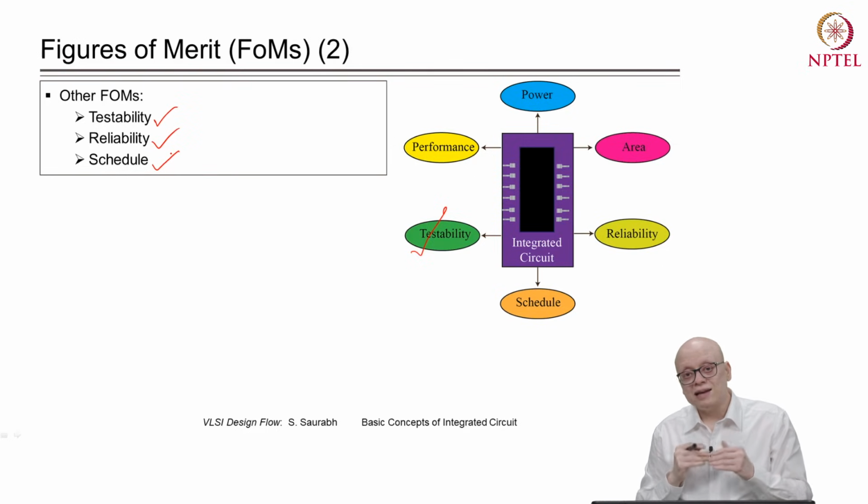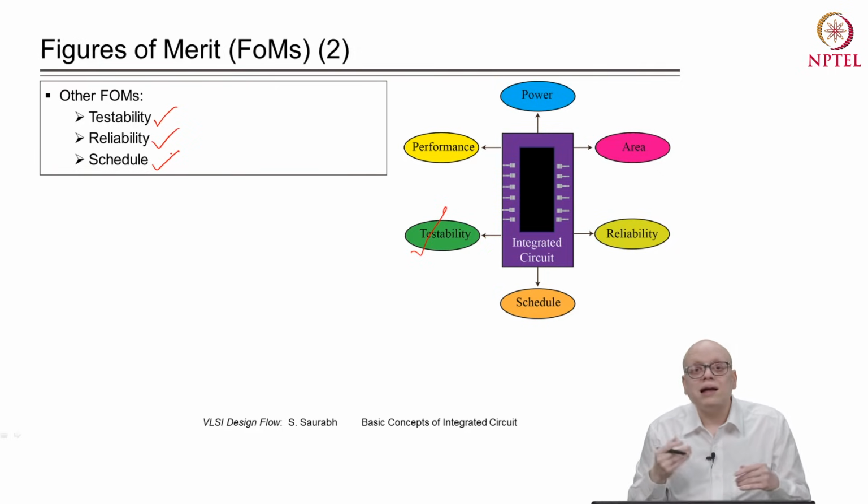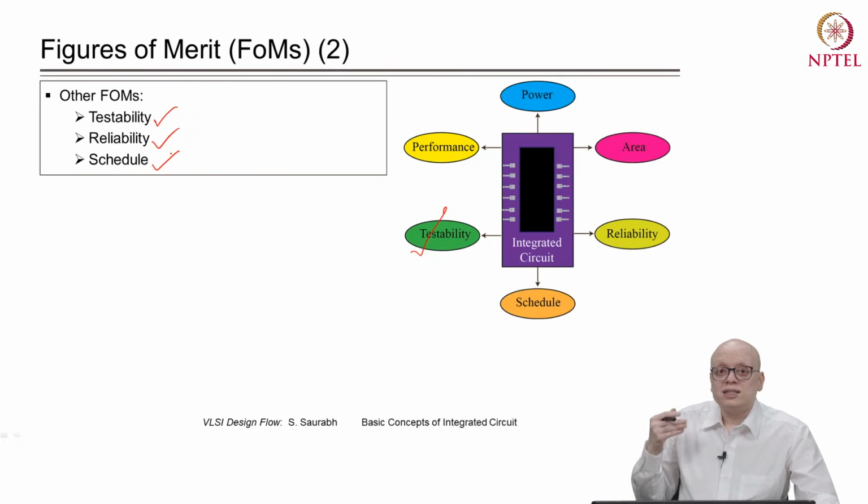If we can design an integrated circuit very quickly, we can bring it to the market quickly and capture the market share. Therefore, the time spent in design is one of the important figures of merit for an integrated circuit.